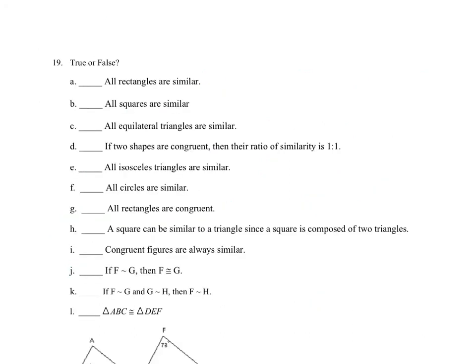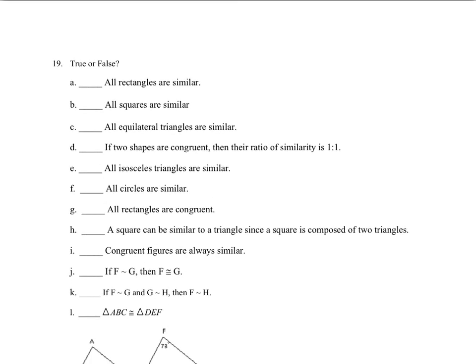Alright, now we have this bunch of questions. All rectangles are similar. That's not true. We could think of several examples. If I have that rectangle and then I have that rectangle, those are definitely not similar. So that answer is false. All squares are similar. Squares all have 90-degree angles, and the sides are all proportional because the sides are all the same length. So yes, that is true.